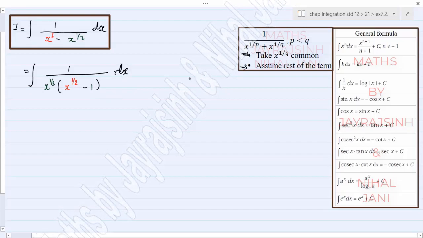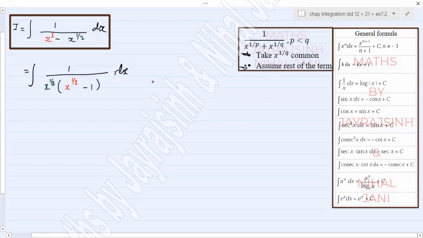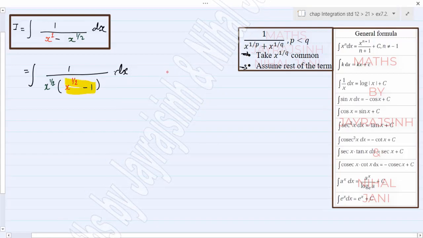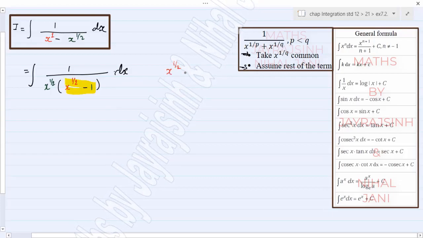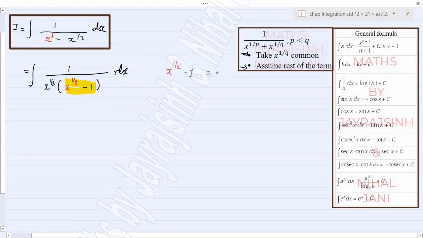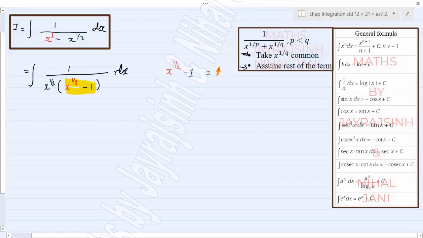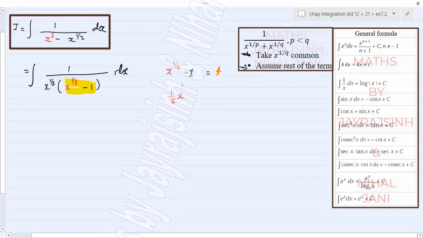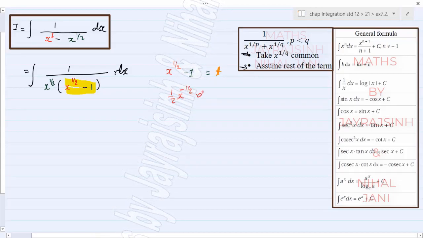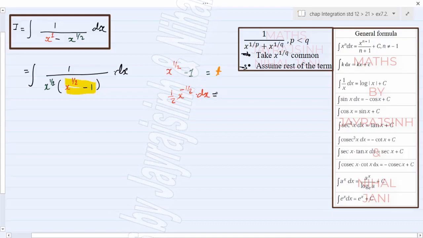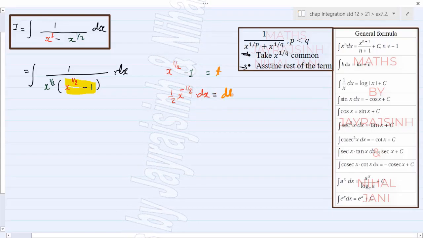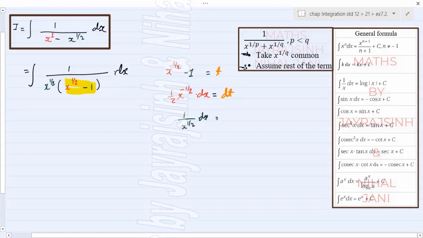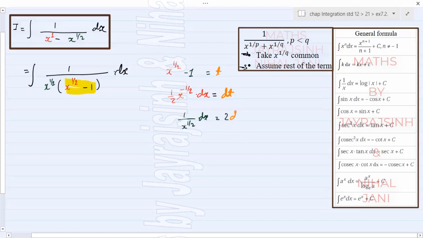Now, in the second step, we have to assume the rest of the term, which is x raised to 1 by 2 minus 1. So let's assume x raised to 1 by 2 minus 1 is equal to t. If we differentiate both sides, we will get 1 by 2 x raised to minus 1 by 2 dx equal to dt, or we can say 1 upon x raised to 1 by 2 dx will become 2 dt.